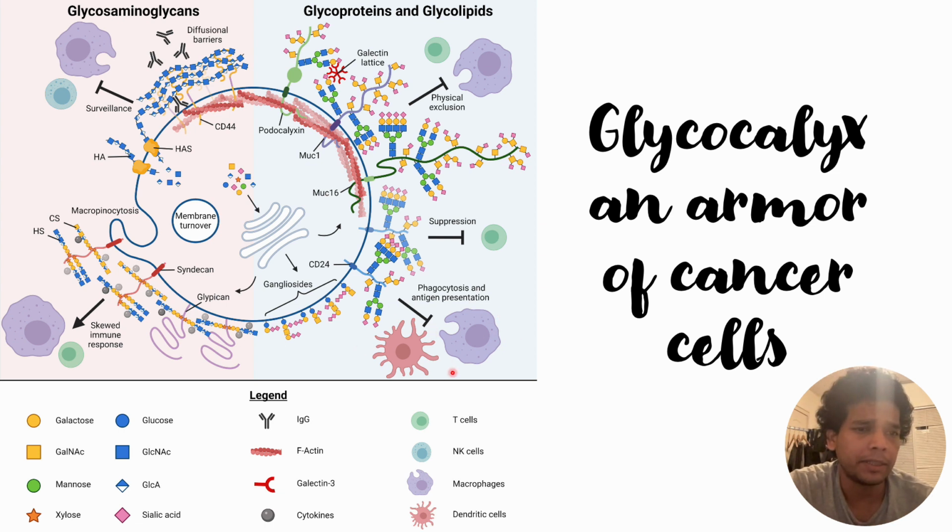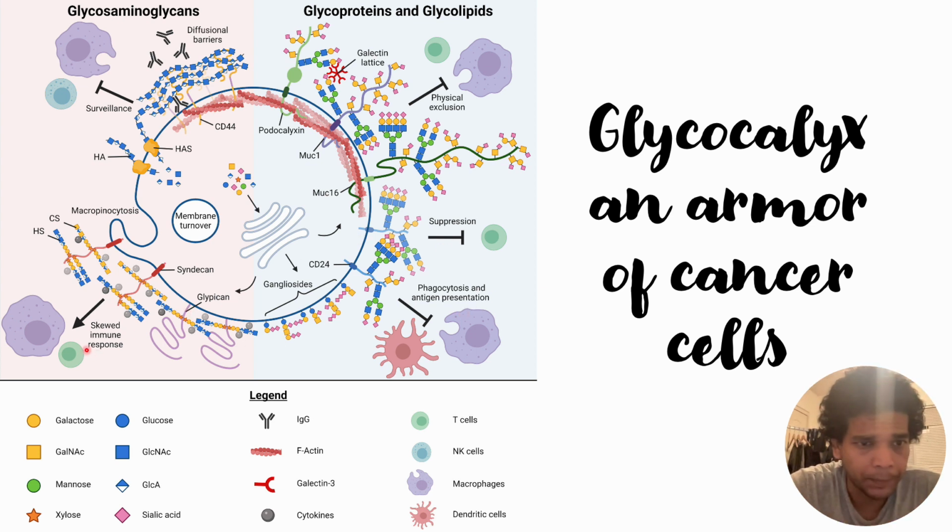And simultaneously, as represented here, the macrophages functioning against these tumor cells will also become ineffective, and it will also trigger the suppression of the T cells, which is equivalent to the don't eat me signal by Siglec-7 and Siglec-9.